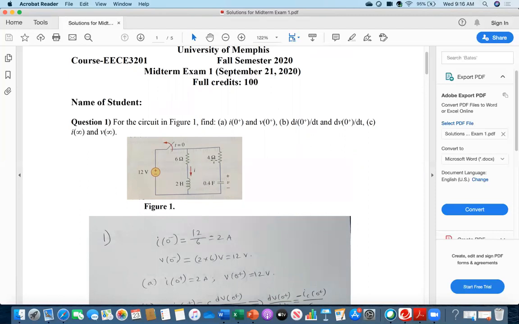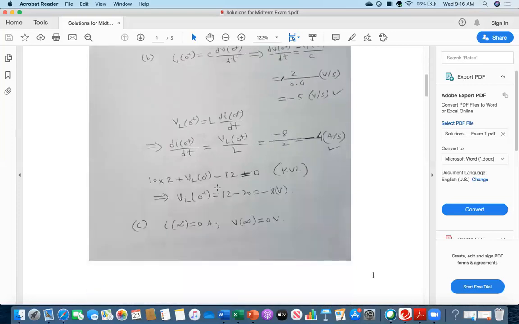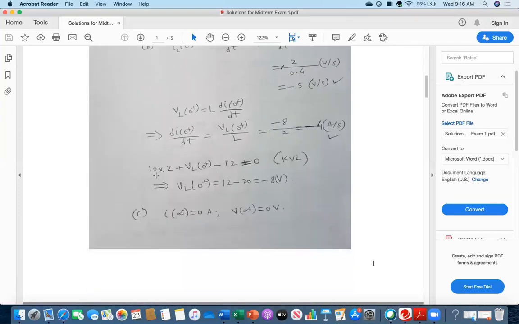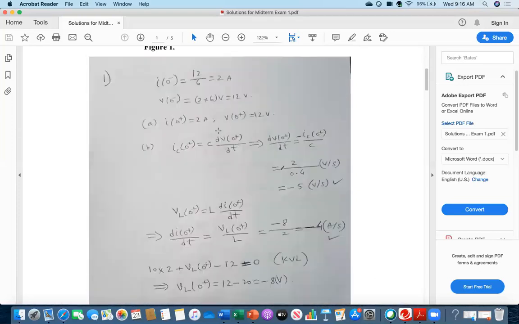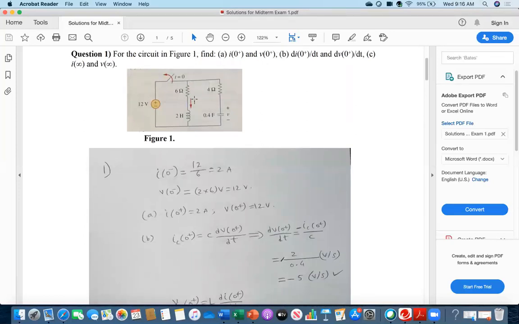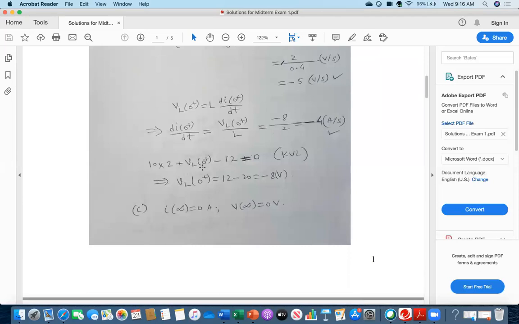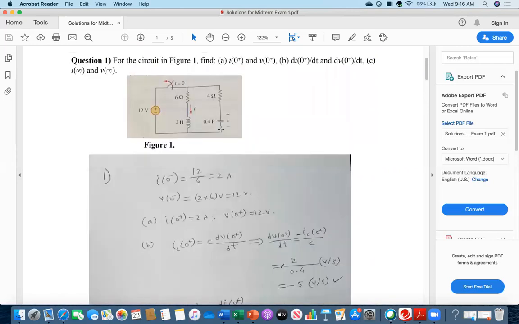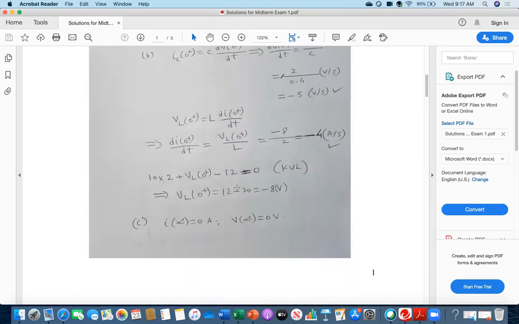Then write the KVL equation: 10 multiplied by 2, because 2 ampere current was flowing through this 10 ohm resistor, then VL 0 plus across the inductor, and then the capacitor, minus 12, because of the given directions, minus 2 plus, equal to 0. That is the KVL.